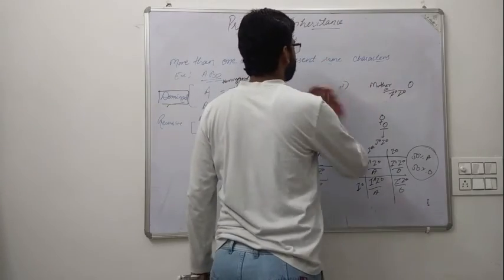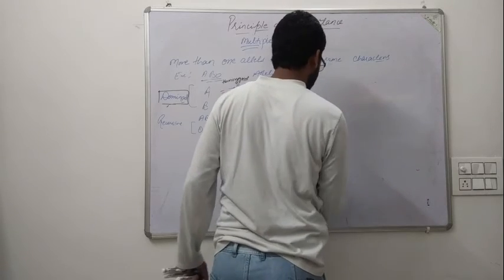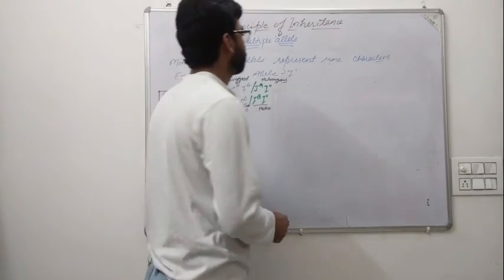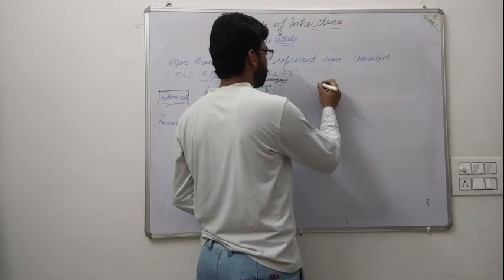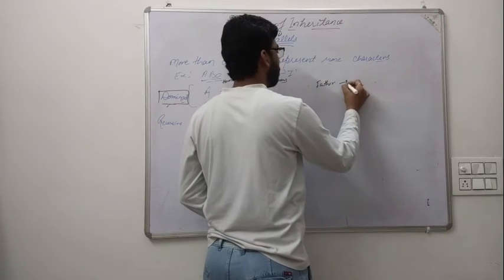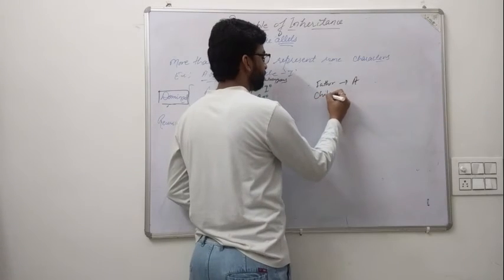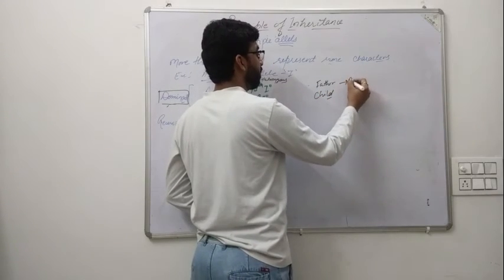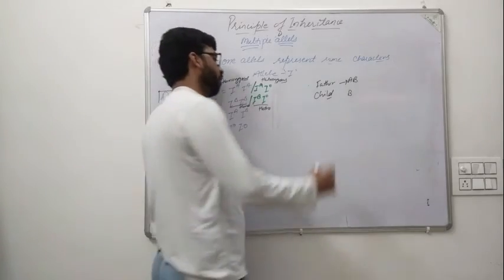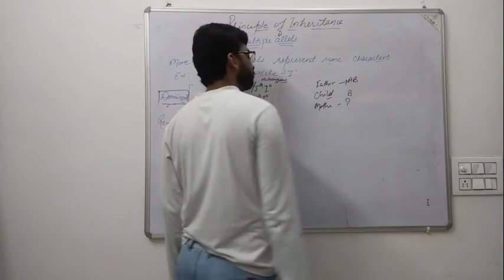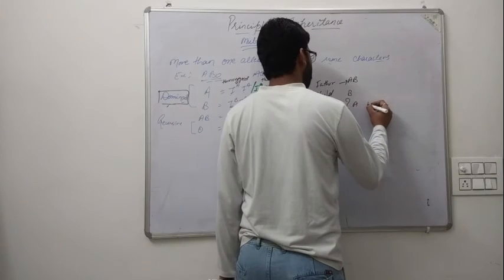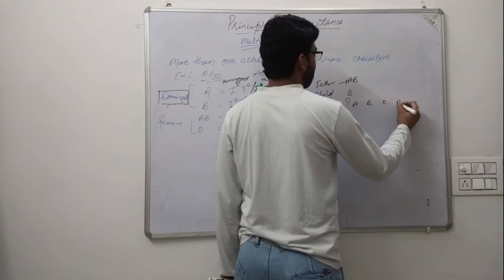Another question. Father having blood group A and mother having blood group AB, and a child having blood group B. We don't know the mother's blood group and her allelic composition. Mother could have blood group A, B, O, or AB.